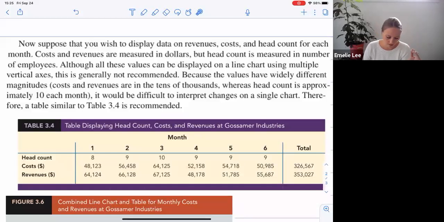Here head count is just 1, 2, 3, 4, 5, and it looks like it maxes out around 10, whereas our costs are in the tens of thousands, 48,000, 64,000 for our revenues. Those magnitudes are really, really different. So we shouldn't have them on the same graph, because then you'd have to have a whole new axis for your head count, and it just doesn't make sense.